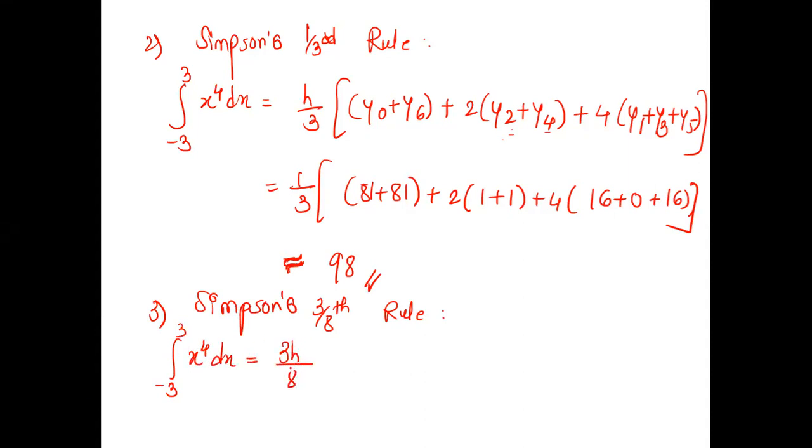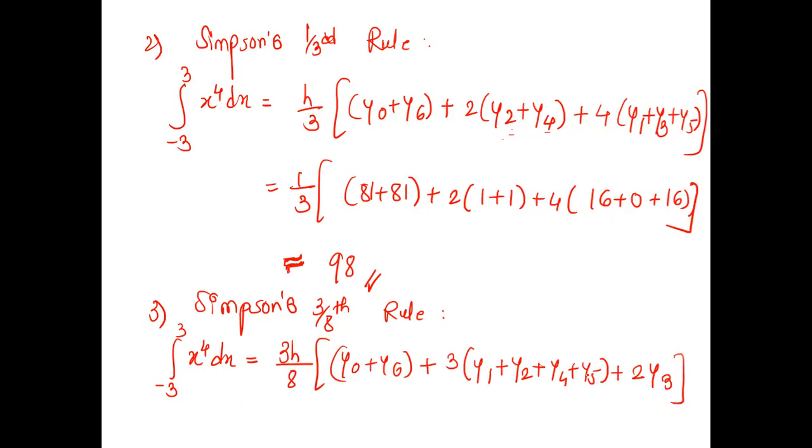3h by 8. Tell me the formula. y0 plus y6, correct, plus 3 times remaining all except 3 multiples. So y1, y2, y4, y5, and those that are 3 multiples, 2 times y3.